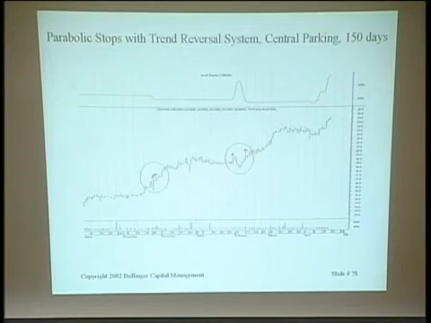We're flat. But with our chandelier, we end up with a small loss. And again, we got a long entry over here, and we are long still. So a couple of examples of where you try to enter against an uptrend and how these stops save you from making big mistakes.